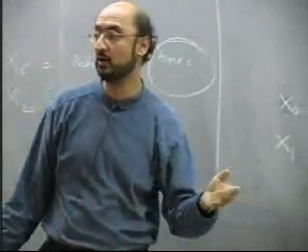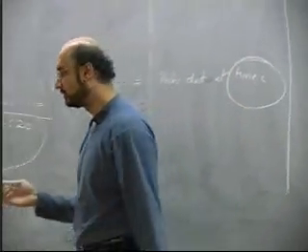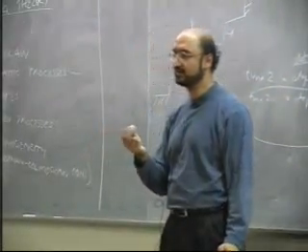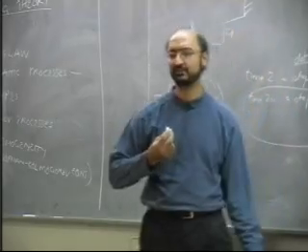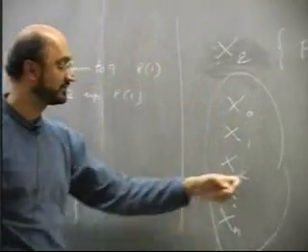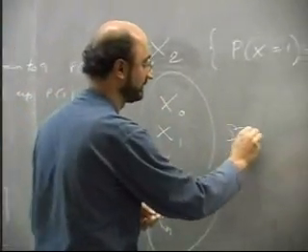However, I don't know for sure. I only have a distribution about the future. This is why mathematicians call a stochastic process a family of random variables indexed by time, because that's exactly what we have. Here is a family of random variables, and sure enough, they're indexed by time. So this is a stochastic process.